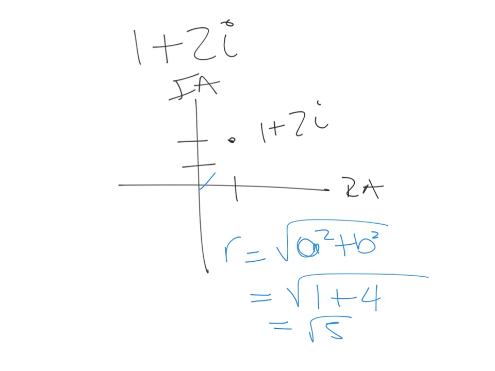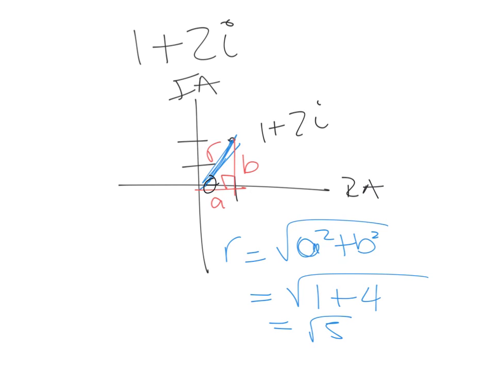So r, the distance from, okay, we're going to pretend it's a nice straight line, from here to here, is radical 5. But then we can create a right angle. Okay, and if we're calling this r, and this is a and this is b, because remember a plus bi, and I was specifically looking for those ratios, I could say the ratios of the central angle theta. So let's put theta in here.